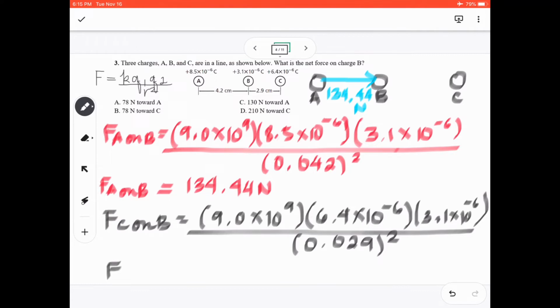Using your calculator, the F of C on B will be equal to 212.32 newtons.